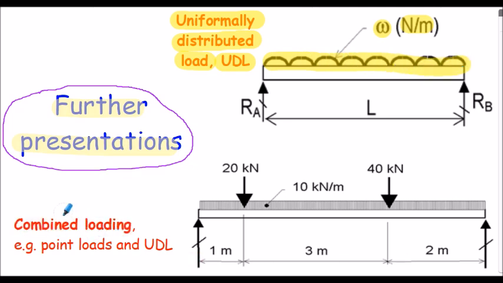And we also consider combined loading applied to simply supported beams, where we have point loads, shown here, and a uniformly distributed load, shown here, applied concurrently. But as I say, that's just for your future reference. I hope this presentation has been of use to you, and thank you for viewing.